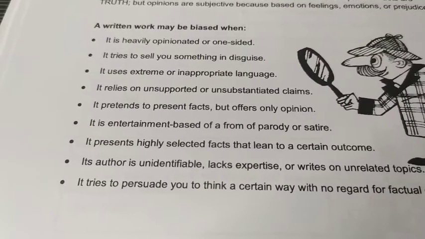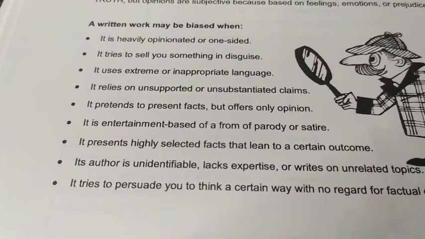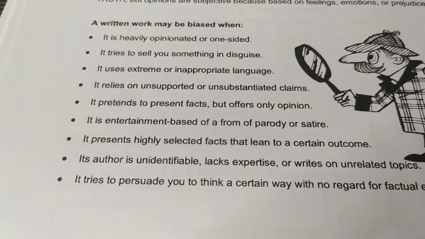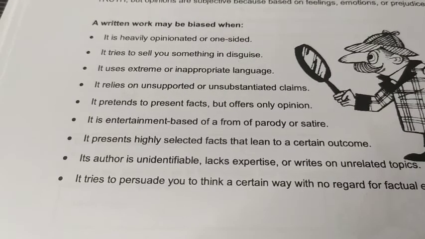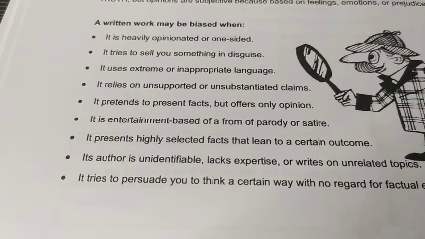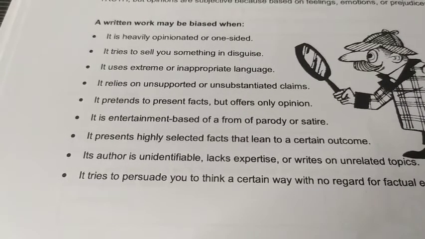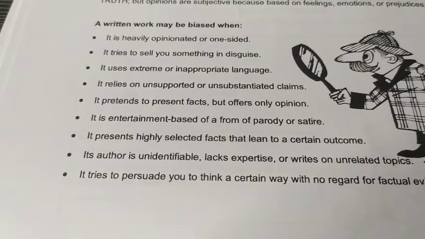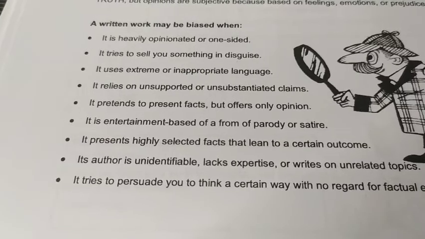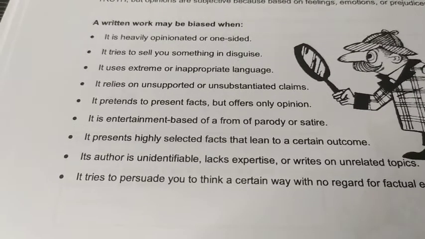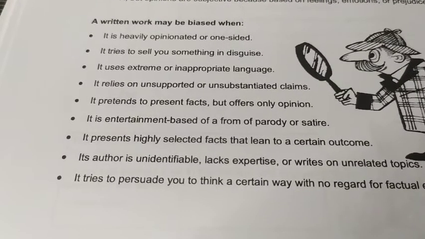It's sometimes confusing that if we can see facts, sometimes we think that it's all factual, but sometimes they will just put some factual information for us to believe, but they have opinion inside the text. So we should be a critical reader upon reading their text.